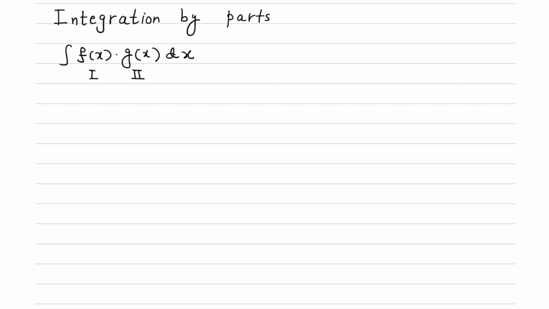It's not necessary that you call the first function as 1 and the next function as 2. So if you call f of x as the first function here and g of x as the second function, then integration by parts works like this. First function as it is, integral of second function with respect to x, minus a big integral.